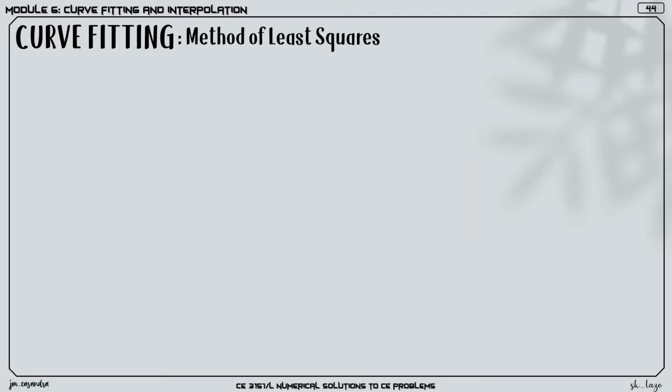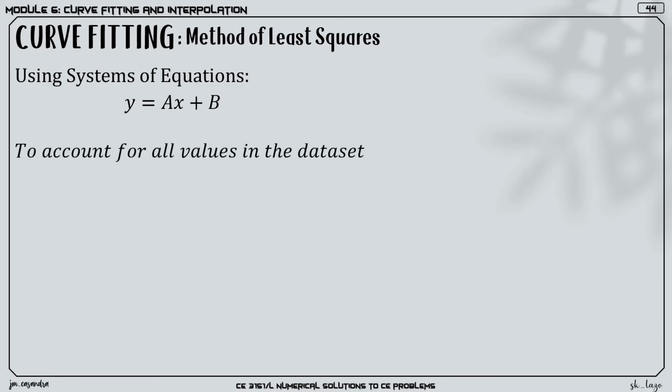The second method that we use for determining the best curve using method of least squares is using the system of equations. So given the equation of a line y is equal to ax plus b, we account for all the values in the given data set, wherein we have the sum of y is equal to the constant a times the sum of x plus n times b, which will be equation number 1.